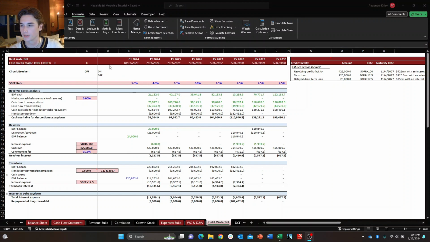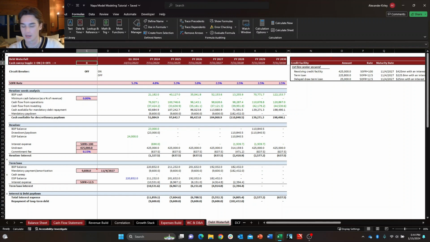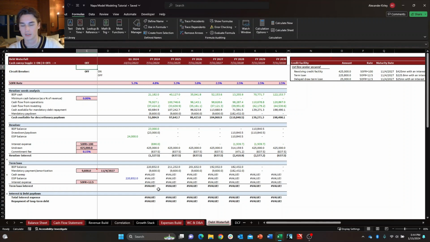So what I'm also going to do here is change the name of my cash sweep button to CS. All right, and from here it is going to be off and on. So I'll do off here, and it's going to display a value. Delete that.